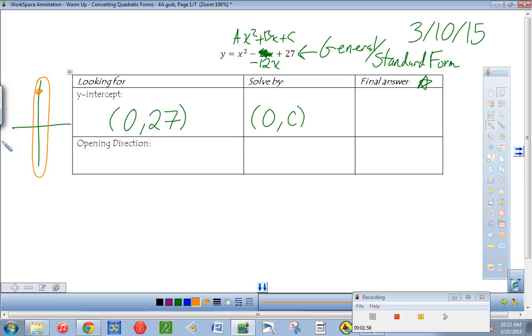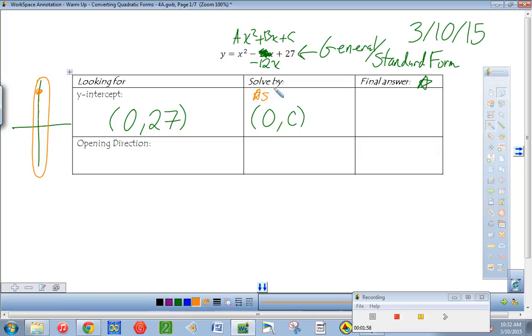Go back. Think about physically on a graph what a y-intercept is. It's where it crosses this line, right? If it crosses this line, all these coordinates have an x value of 0. If you know x is 0, can't you just substitute that in? But you don't have to, because 0 makes these things just go away, and you're just left with c.